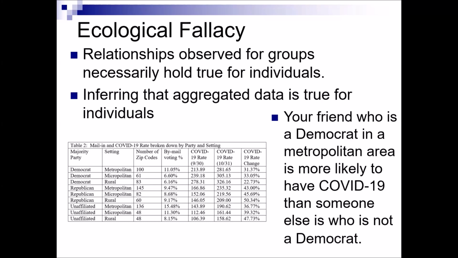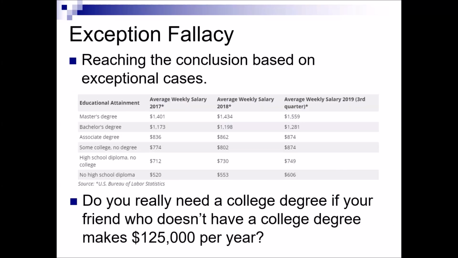Are we going to say that your friend who's a Democrat in a metropolitan or rural area is more likely to get COVID than someone who's not a Democrat? No. These are just very coarse descriptions, and this is called ecological fallacy, where we pass these down.